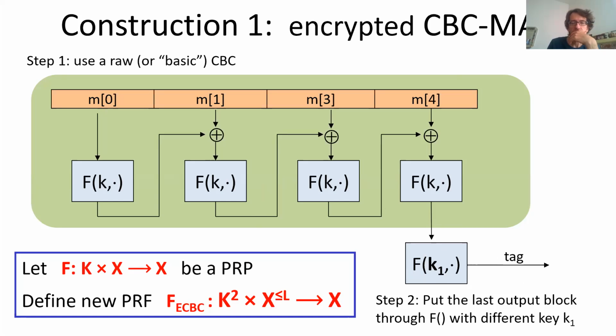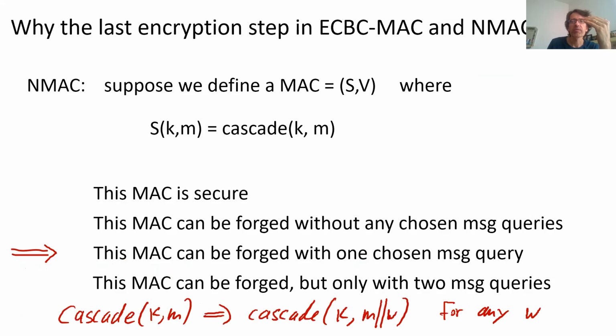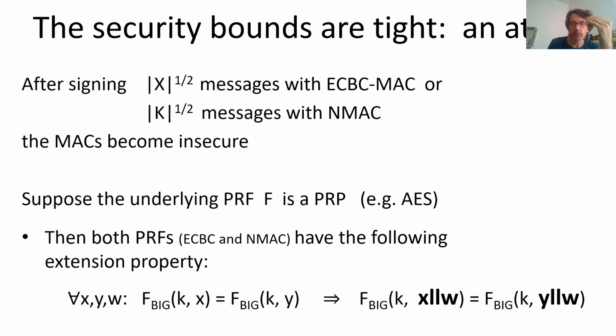So if this input was the same, and now I postfix with any further blocks, then any further down, collisions will just continue, because this circuitry is a deterministic function of whatever this wire is and the blocks I'm going to append. So it will collide from then on. This is why this property holds for both constructions.